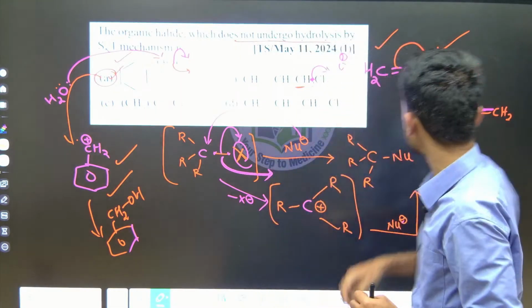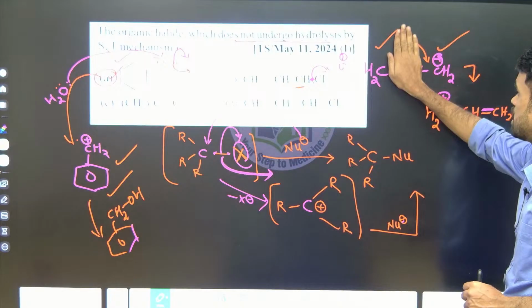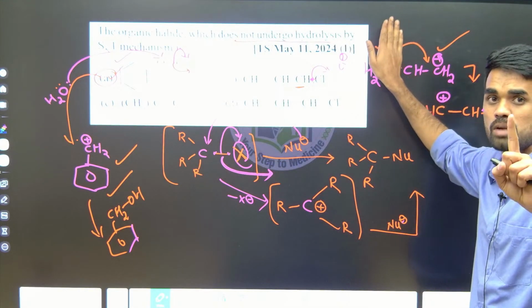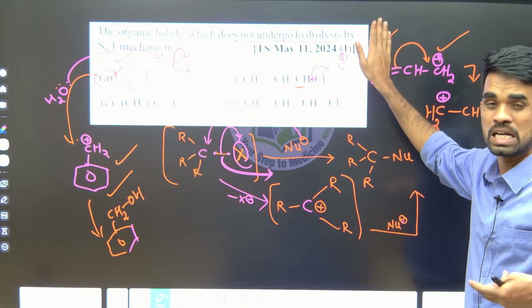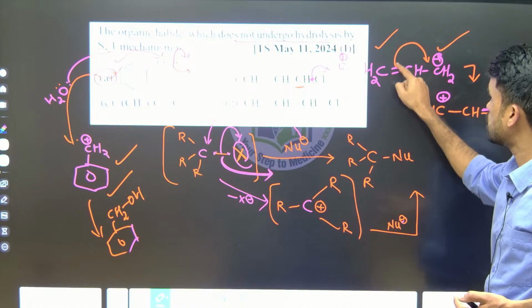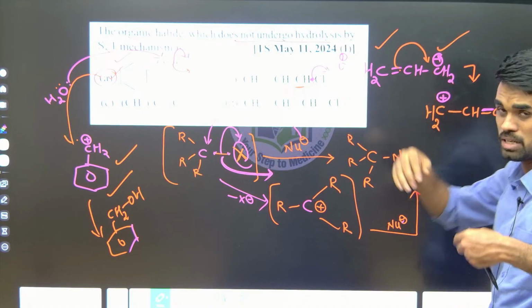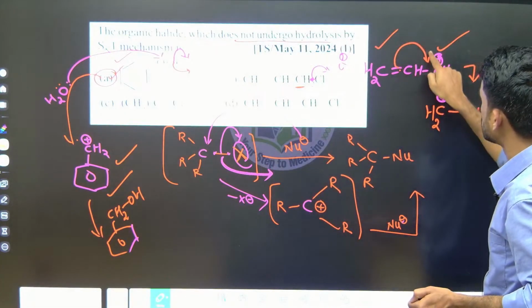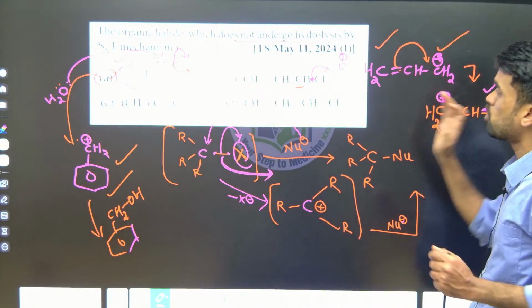If there is no spreading, no conjugation, only one carbon will experience the electron deficiency. By using these electrons, it is stabilizing that electron deficient carbon by conjugation. This is how allylic carbocations are stable.